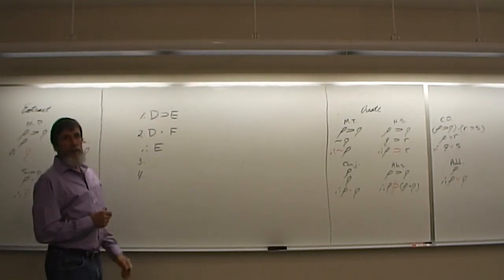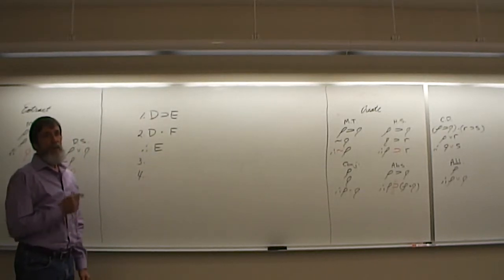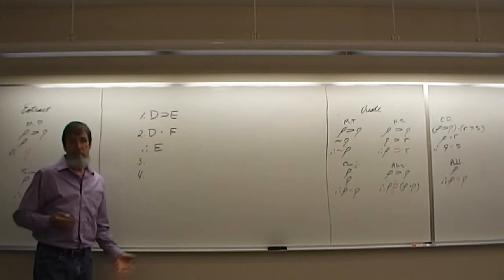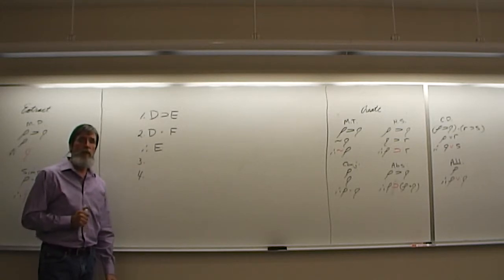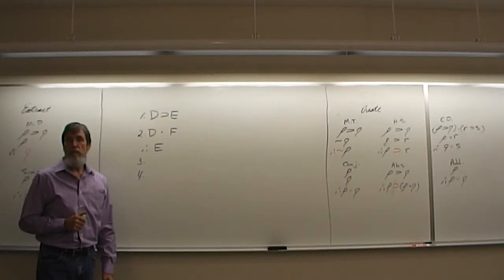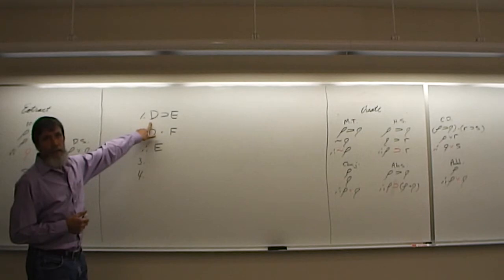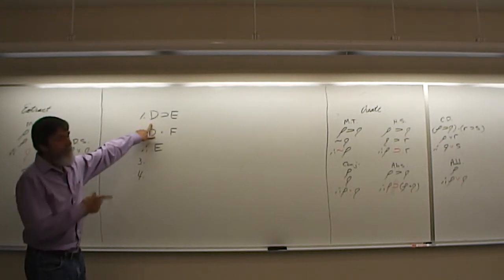Your first premise of modus tollens is also a conditional statement. So the first premise of our argument might be used as the first premise of modus tollens. And you should be able to tell me what we would conclude, so long as we have the second premise. It would be curl D, right?